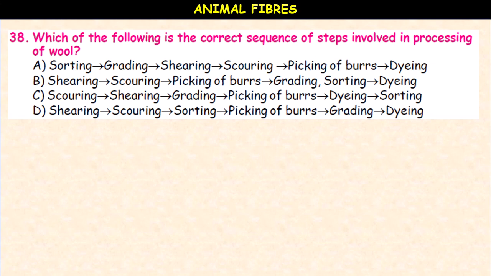Option C, scouring, shearing, grading, picking of burrs, dyeing, sorting. Option D, shearing, scouring, sorting, picking of burrs, grading, dyeing. It is option D: first shearing, then scouring, then sorting, then picking of burrs, grading and dyeing. This is the actual process of wool making.